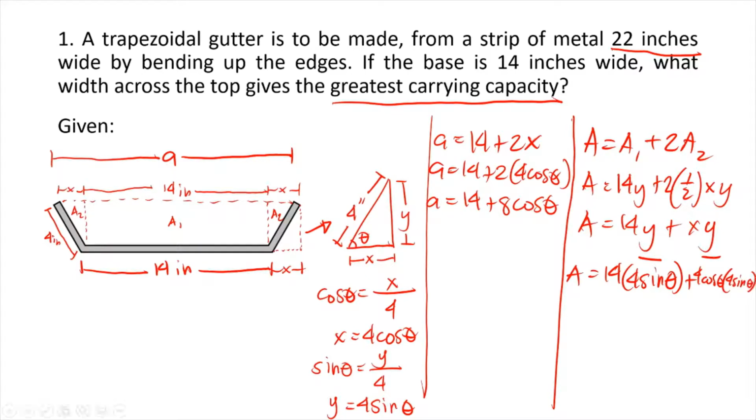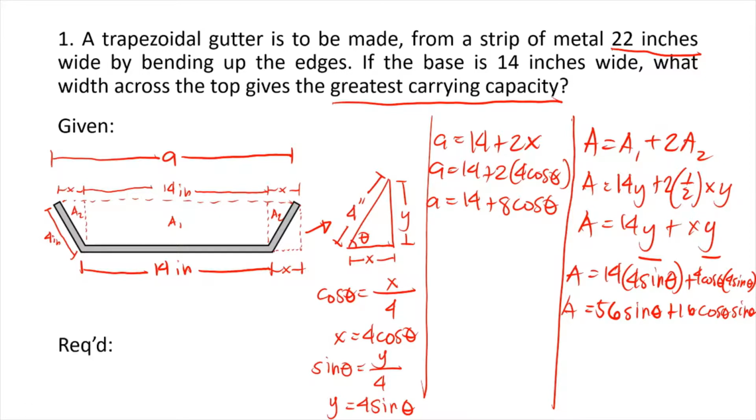Okay, so simplifying, we get 14 times 4, that would be 56 sine theta, plus we have here 16 cosine theta sine theta.